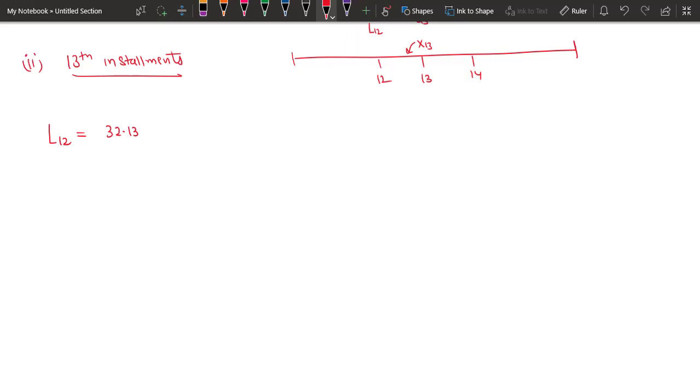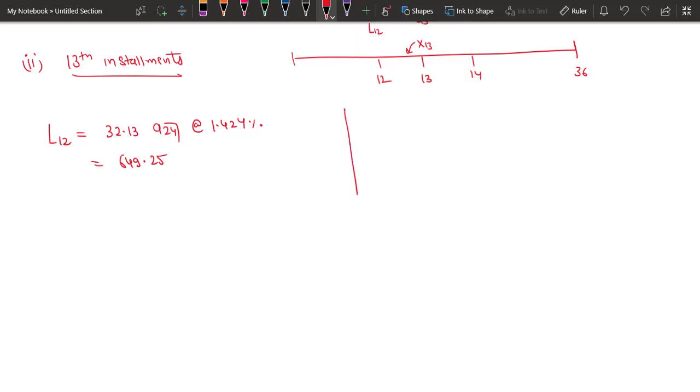The total number of payments is 36 and we are calculating the value at time 12, so future payments will be 24. Please take care of the rate; if you use the wrong rate, the answer is going to be incorrect. Your answer will be 649.25.